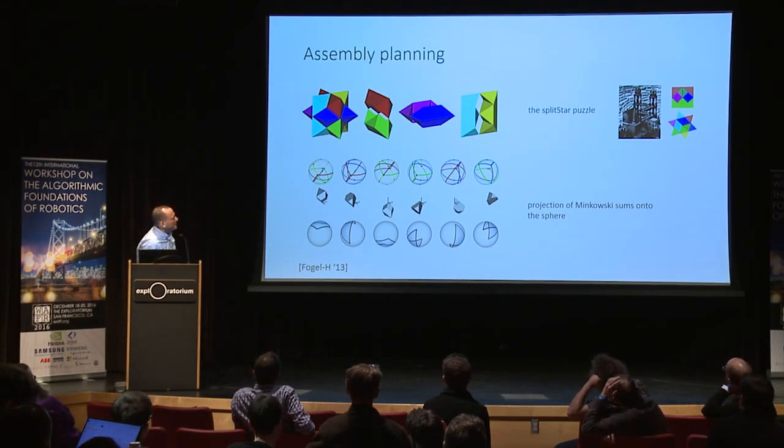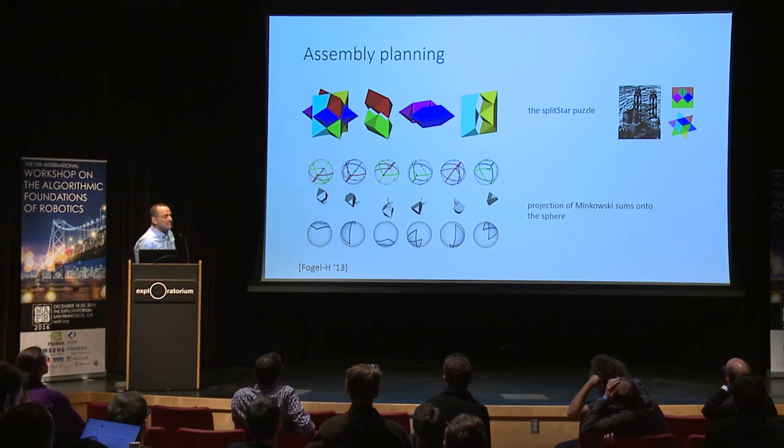This is specifically the split star puzzle that appears at the end of some towers in an Escher drawing. And here, we use Minkowski sums on the way to solve this automatically.